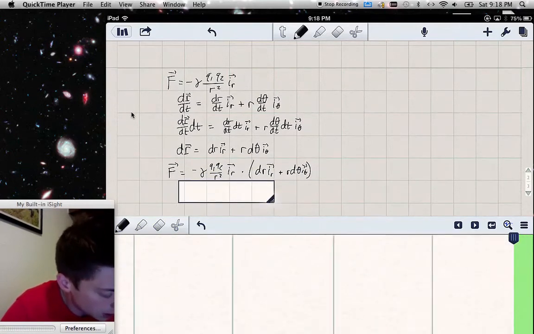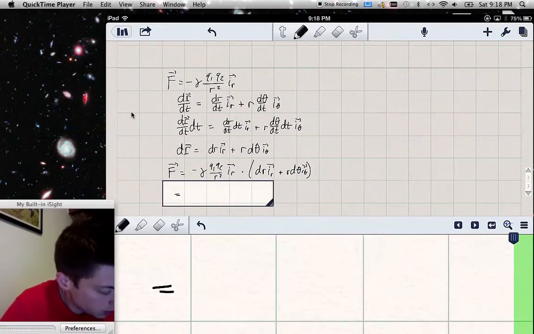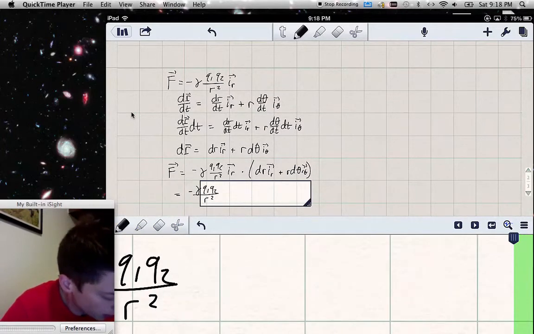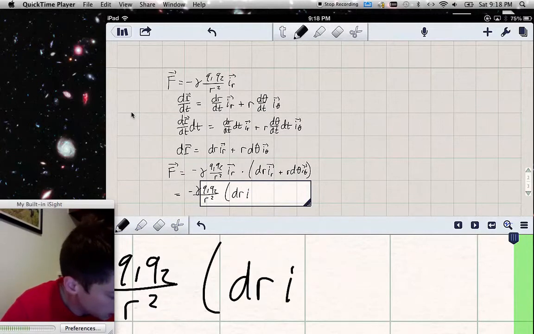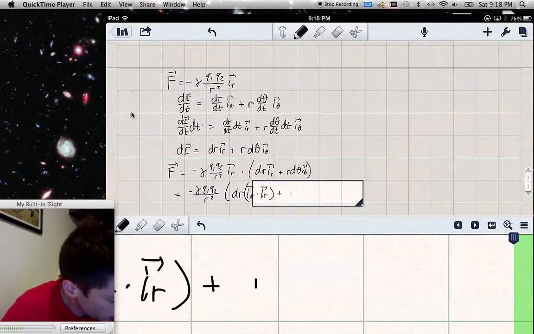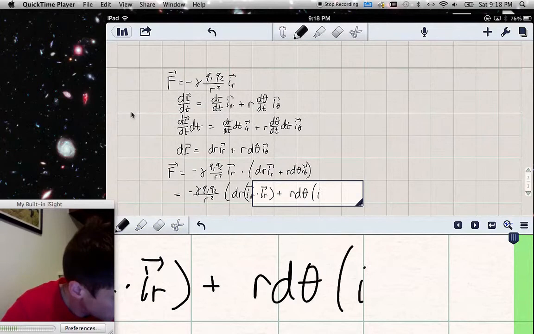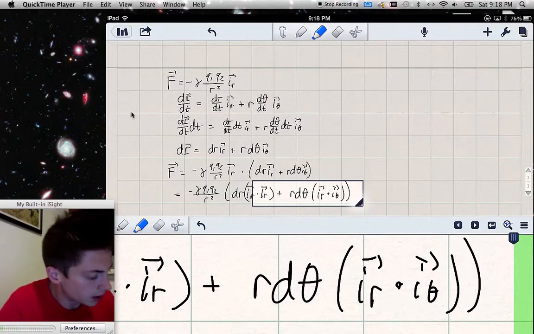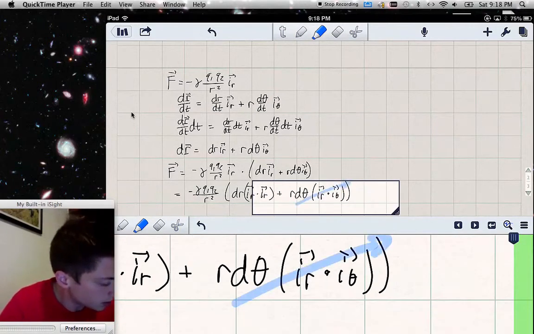Okay? So this is equal to, and I'm always going to have a factor of this, so I'll write it out in the front. And then we're going to get dr times i_r dot i_r here plus r d theta i_r dot i_theta. Okay. i_r dot i_theta is 0, so this term does not matter.